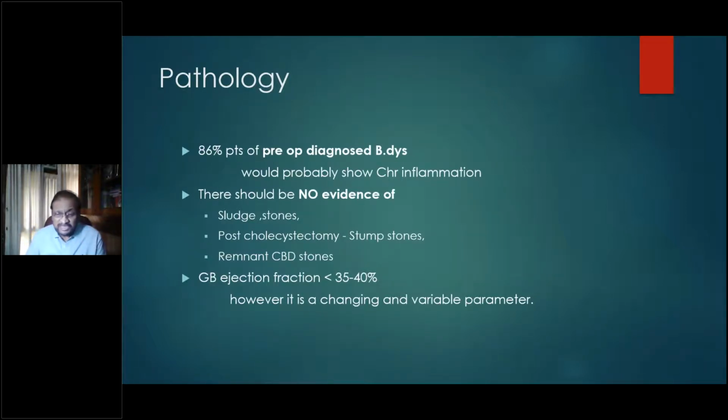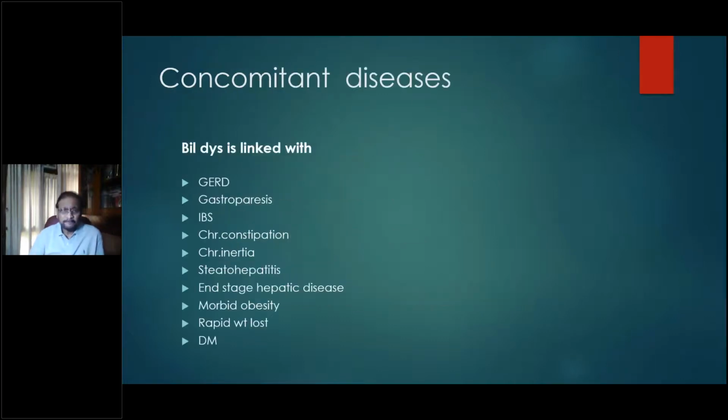But because it's a changing and variable parameter, it's not a very good parameter. But even if you demonstrate the ejection fraction to be less than 35% one time, that raises the suspicion of biliary dyskinesia. So remember, normal ejection fraction is 60%, a defective ejection fraction is in the region of 35 to 40%. Is that clear? One more thing we need to know is that biliary dyskinesia could be associated with a number of other diseases.